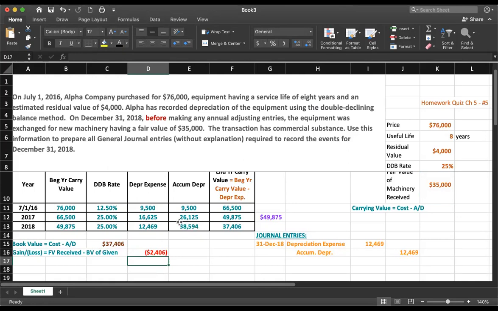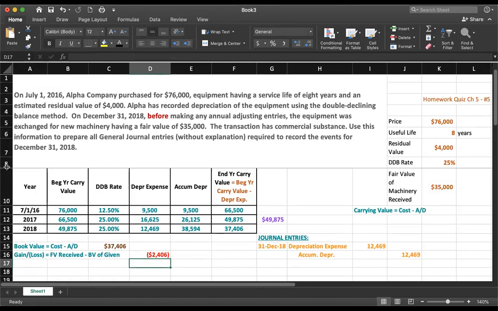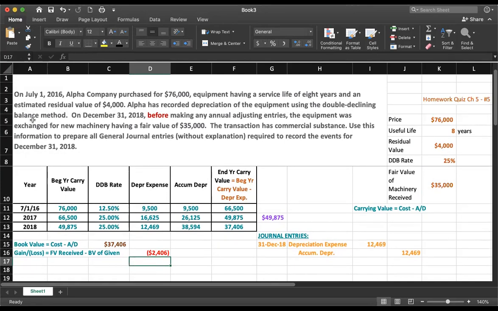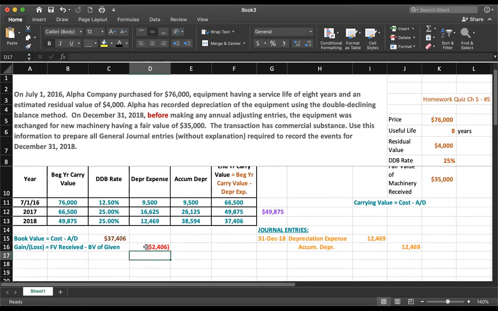So what we see here is that they're going to record a loss, because the asset they received had a fair value that was less than the book value of the asset that was given up.